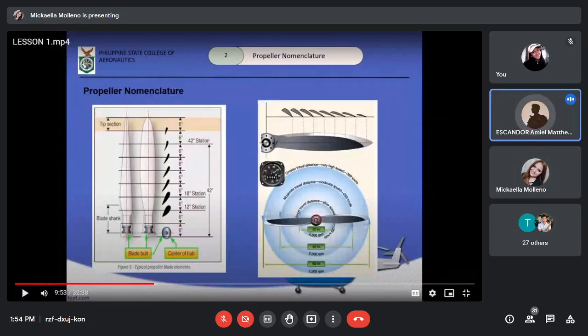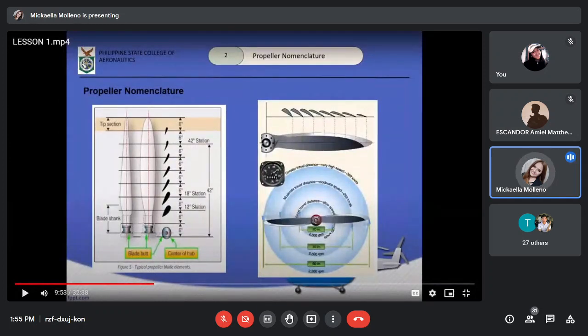Ginagamit po yung stations para po ma-identify yung different cross-sections ng isang blade o propeller po, I mean. Okay. So, very good na. Isa yun sa reasons. Siyempre, yung sa cross-section.